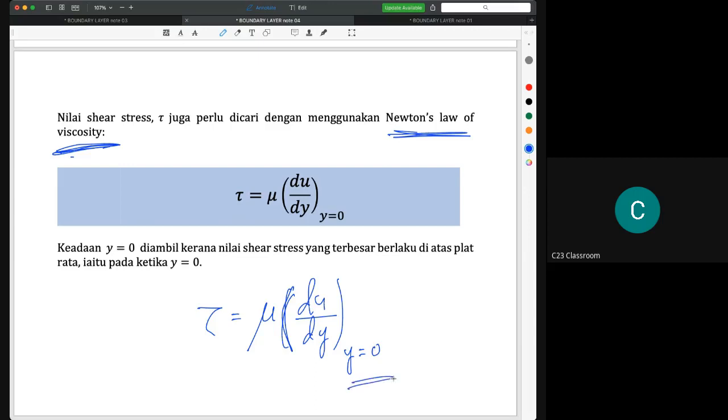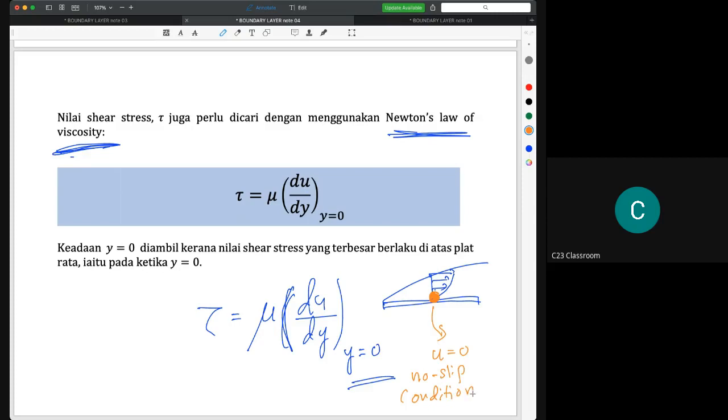Y equal to 0, because if we have a flat plate like this one, the velocity distribution occurs like this, and the maximum shear stress occurs at this location, because the shear stress is very high. That's why the velocity is equal to 0, and we call this the no slip condition.